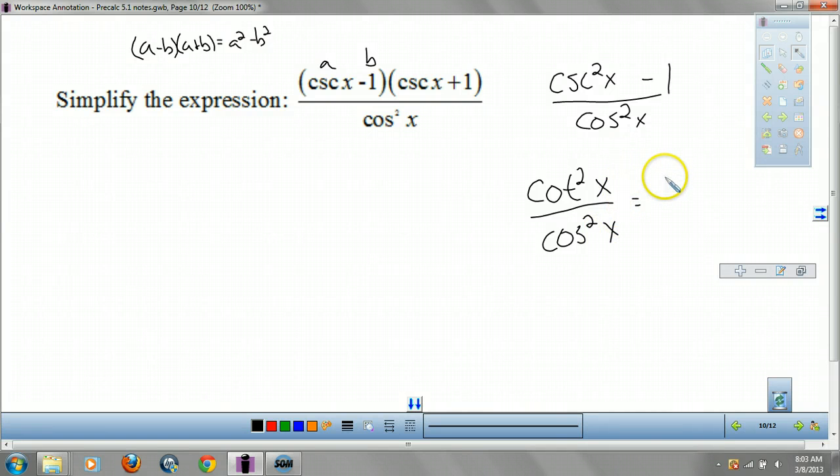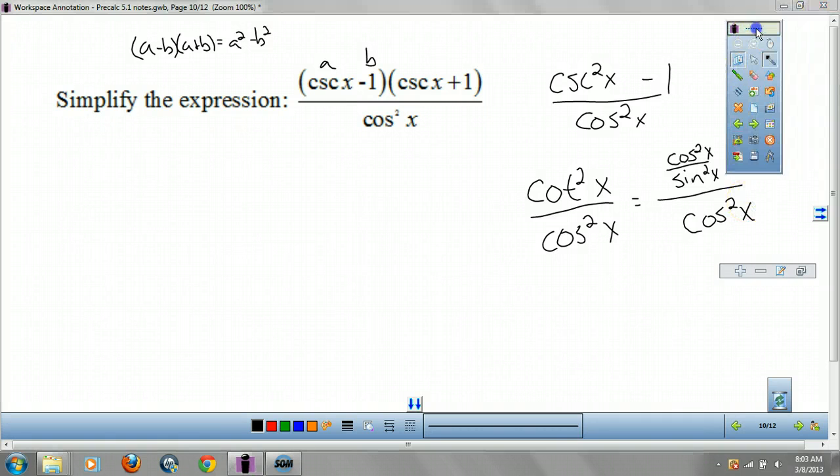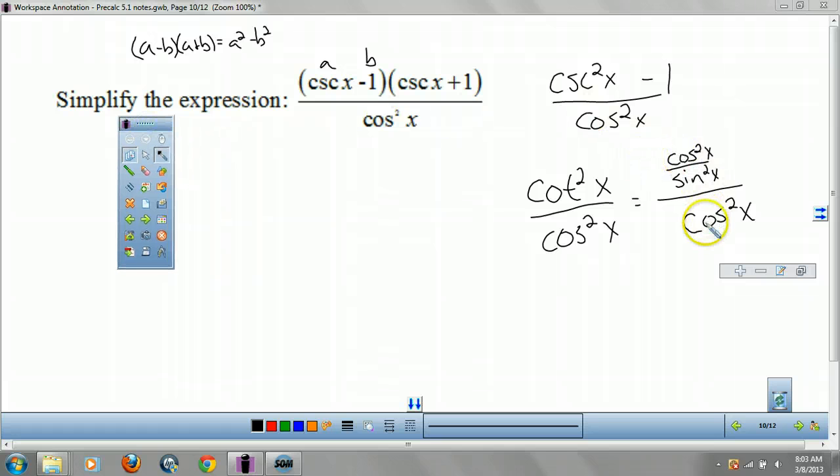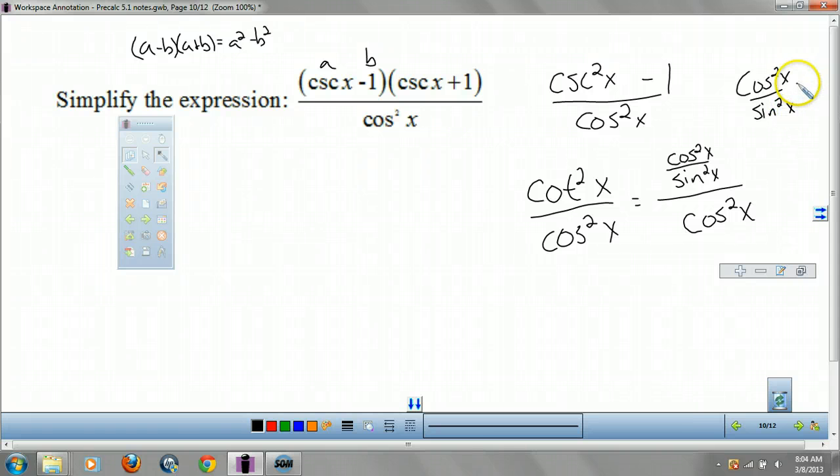What's cotangent equal to? That's cosine of x over sine of x, so we have cosine squared of x over sine squared of x, all over cosine squared of x. Remember, when you're dividing, you multiply by the reciprocal. So this is cosine squared of x over sine squared of x times 1 over cosine squared of x.